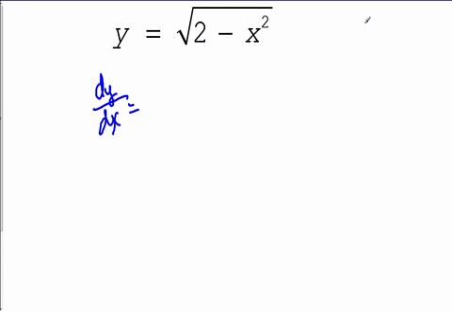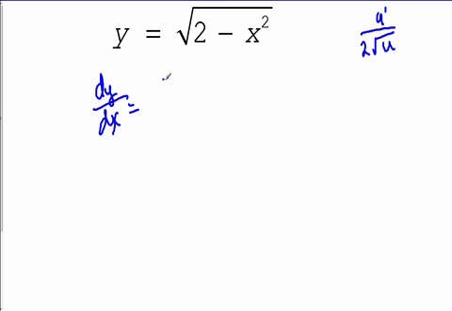I know most of you would change this to the 1/2 power, then take the derivative. But really, the easiest way to do it is look at it as u prime over 2 root u. And that only works for square roots, but it's a great way to deal with problems like the ones we're going to work with. Okay, so we do u prime, which is the derivative of what's underneath here.